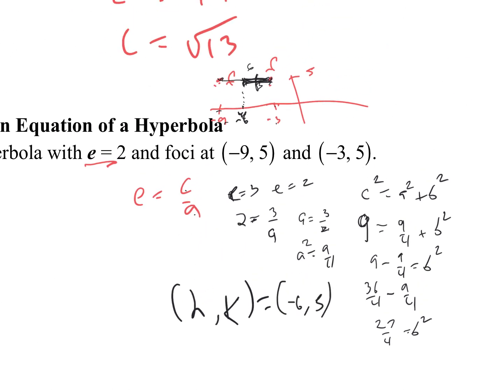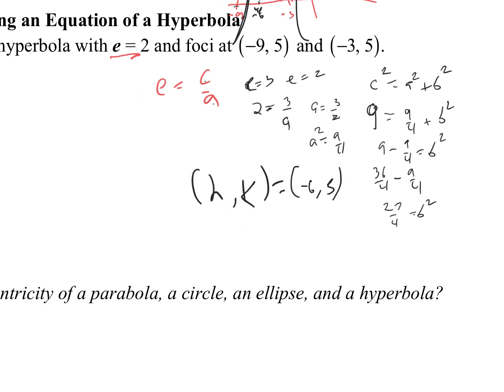And since my transverse axis is horizontal, the y is getting the negative. So x minus -6, which is x plus 6, squared, minus the y minus 5 squared, equals 1.